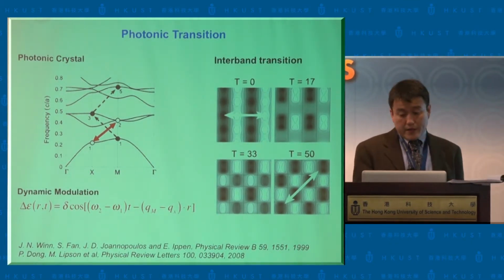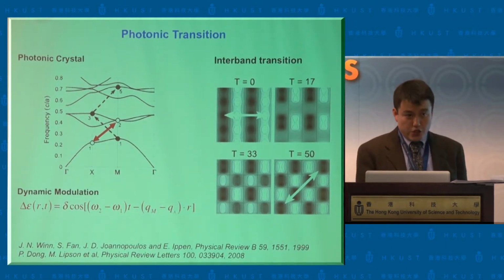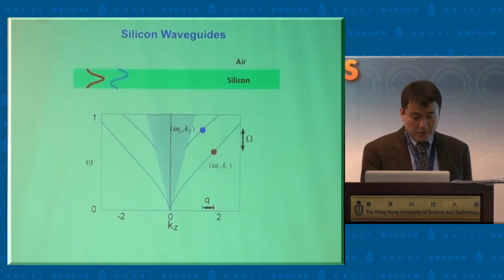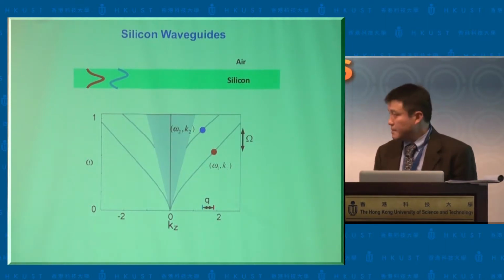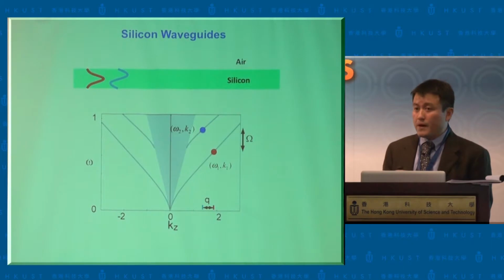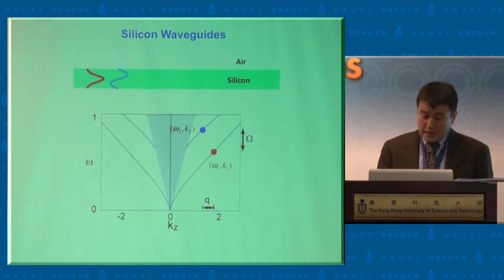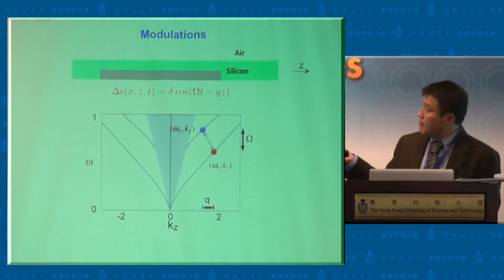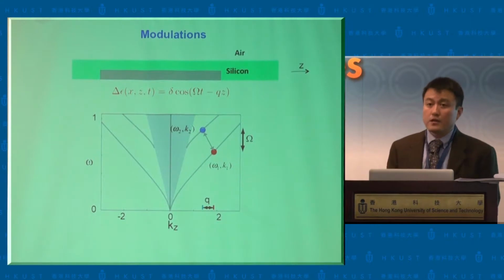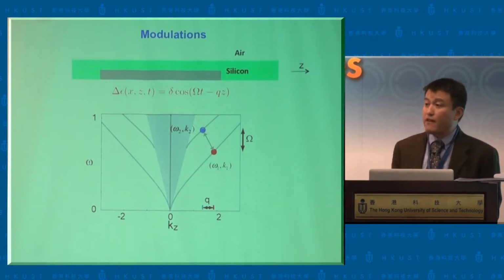One of the very interesting points that we realized, though, is that this kind of modulation in general is highly non-reciprocal. As a simple example, if you take a silicon waveguide that supports 2 modes, an even mode and an odd mode, you can couple these modes together by modulating a section of the waveguide with a prescribed frequency and wave vector.